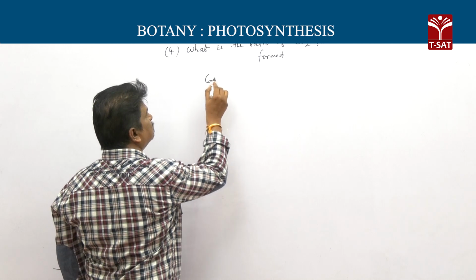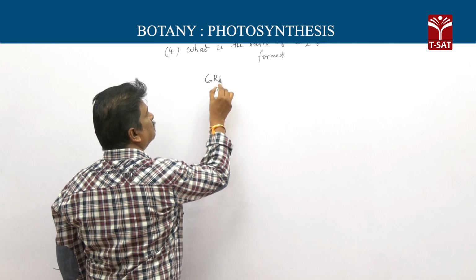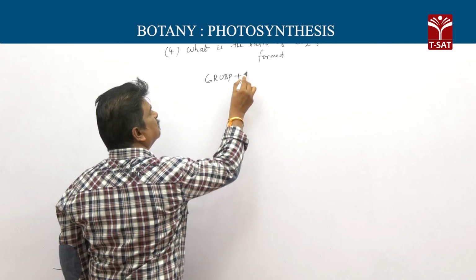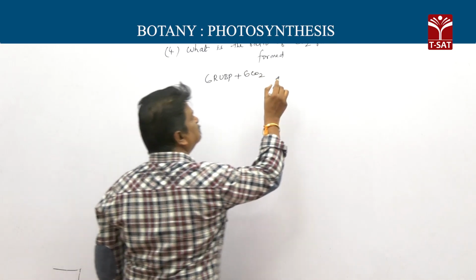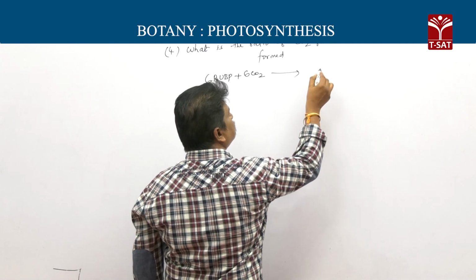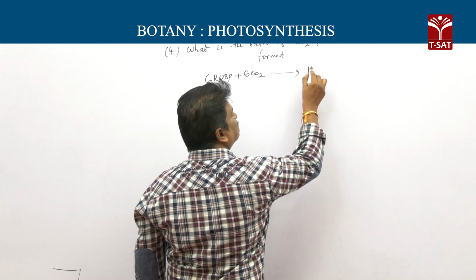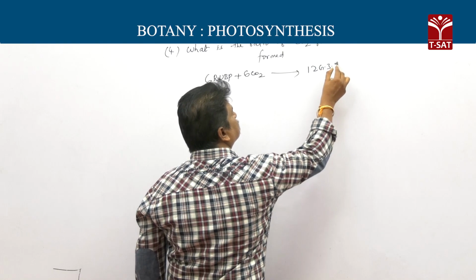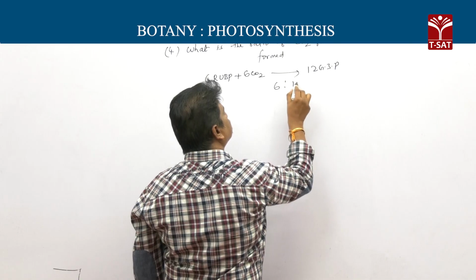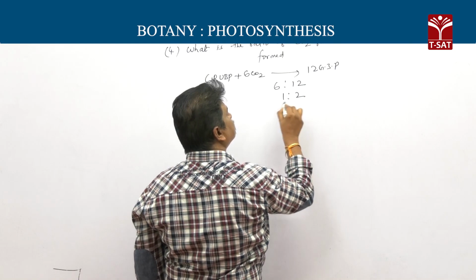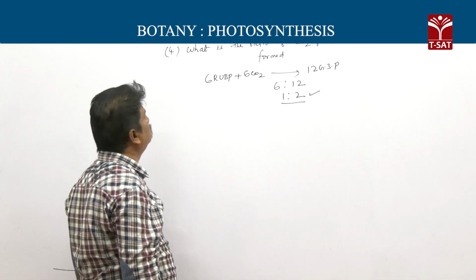So, generally 6 RuBP fix 6 carbon dioxide, then forms 12 PGA, DPGA and 12 G3P. So, answer is 6 is to 12, means 1 is to 2.